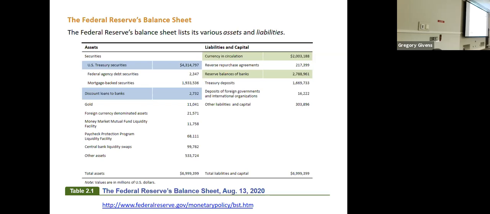It's one of the key ways in which the Fed controls the monetary base these days, okay? And that's the sense in which it's a liability, because the Fed is making a promise to buy back that asset at some point in the future, and thereby provide money to the bank at some future date.